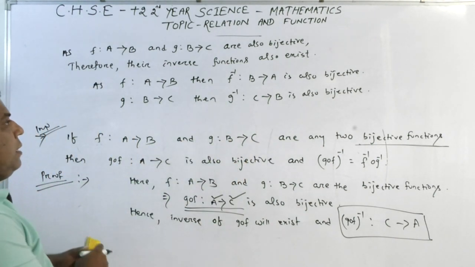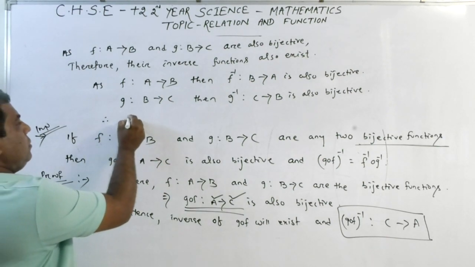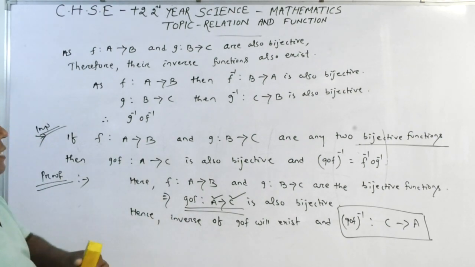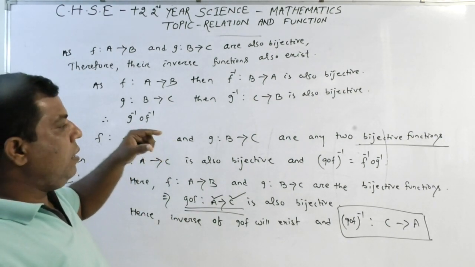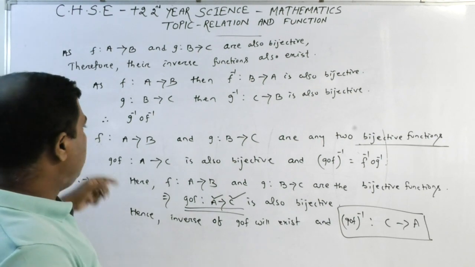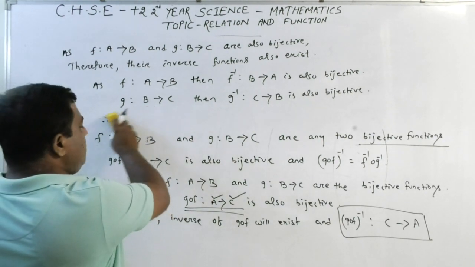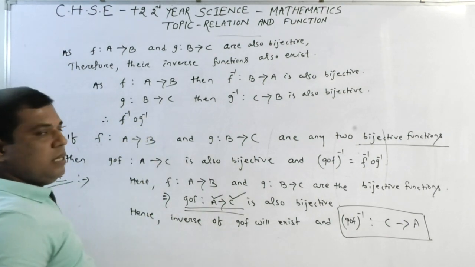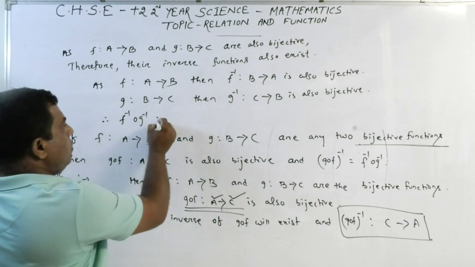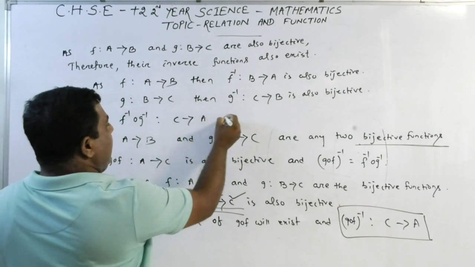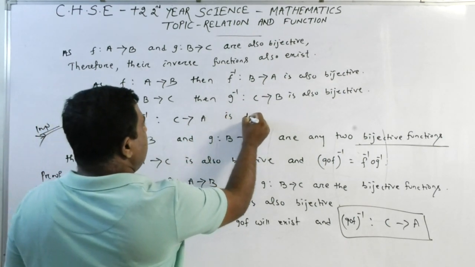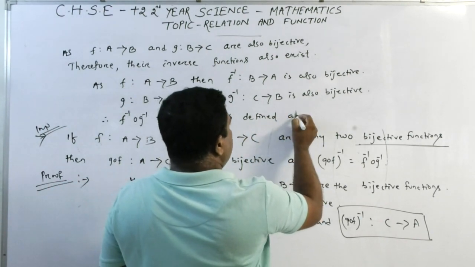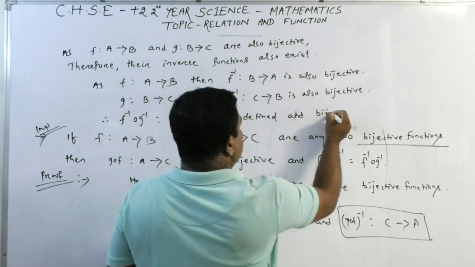Therefore, f inverse operated on g inverse is from C to A, defined and bijective.